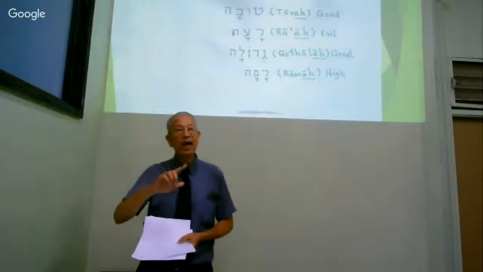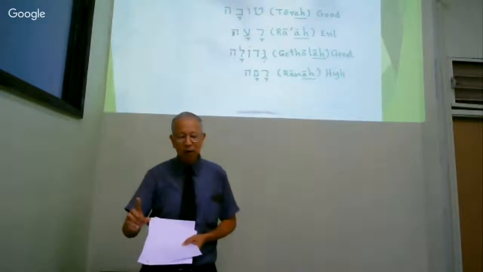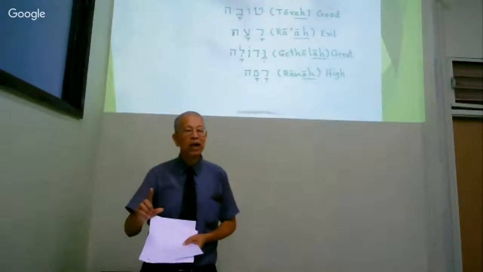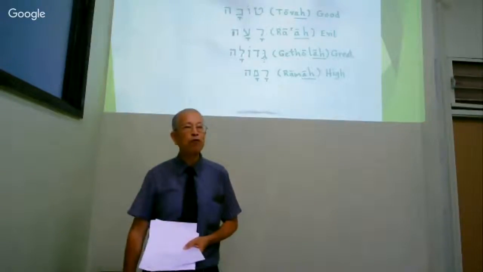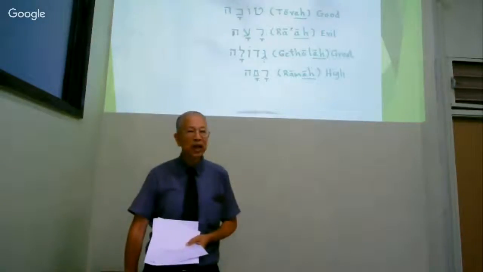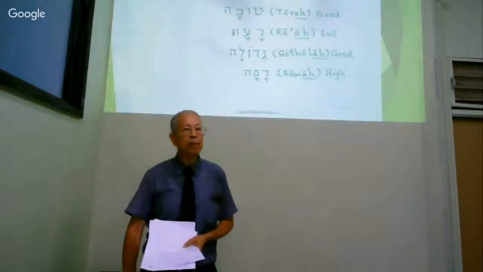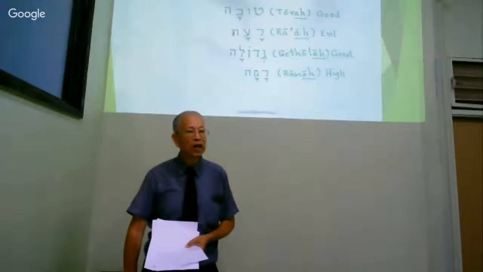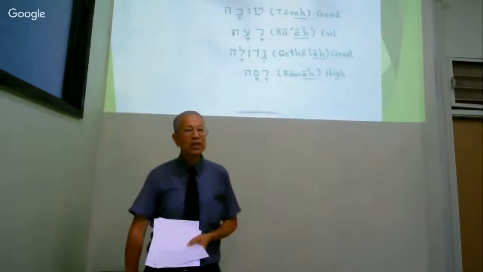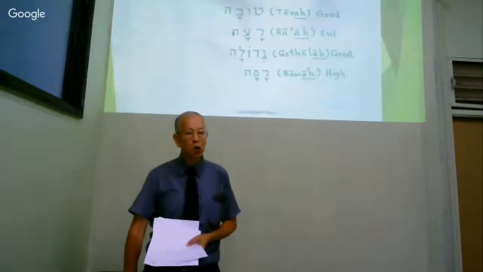You put A-H in English at the end of the masculine singular adjective to form the feminine singular adjective. The kames he, or the AH, is the sign of the feminine singular adjective, just as it is the sign of the feminine singular noun.